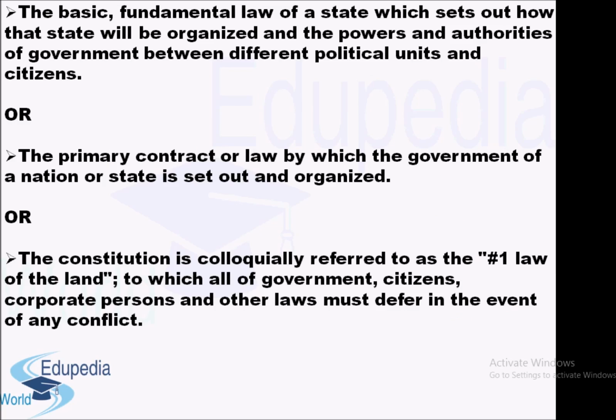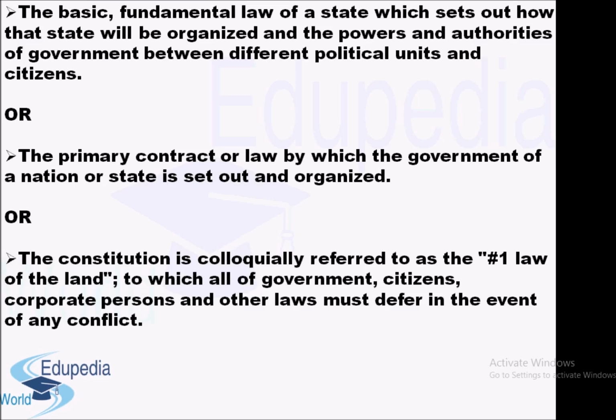Let's see some answers. It's a basic fundamental law of a state which sets out how that state will be organized and the powers and authorities of government between different political units and citizens, or the primary contract or law by which the government of a nation or state is set out and organized.